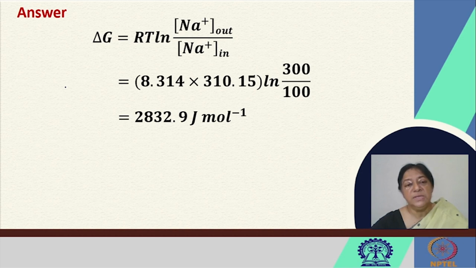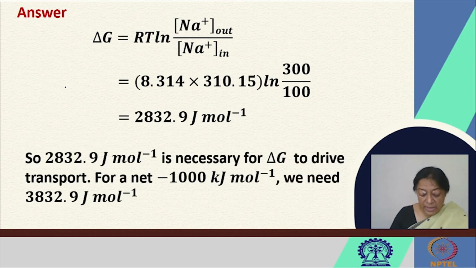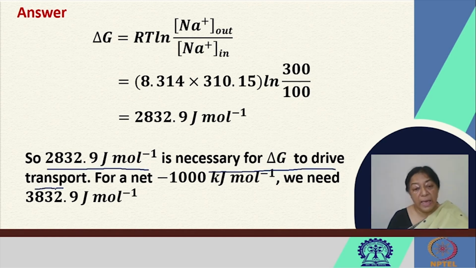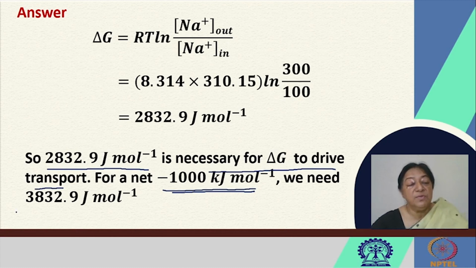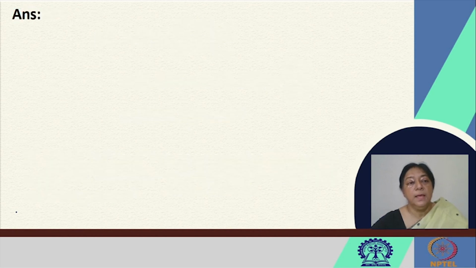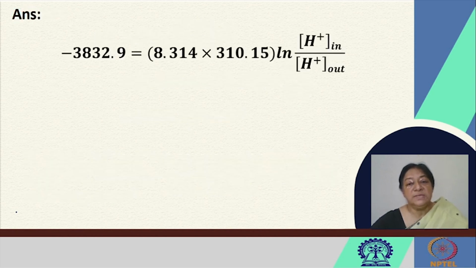This means that in addition, we have to give this amount of energy for the transport to occur. And if we want an additional energy, then we have to supply close to 4000 joules per mole for the specific transport to occur. So this is our value and we want to know what pH has to be done.